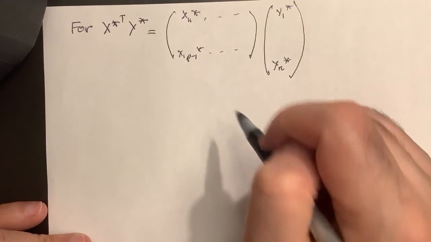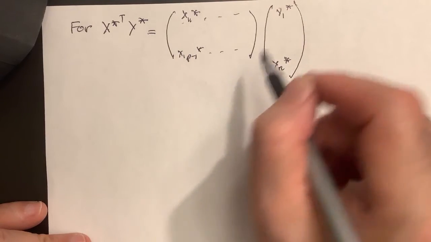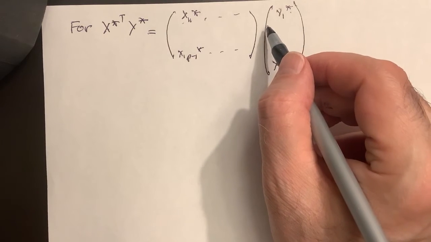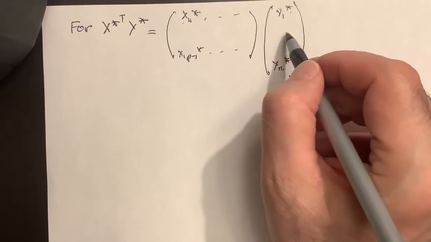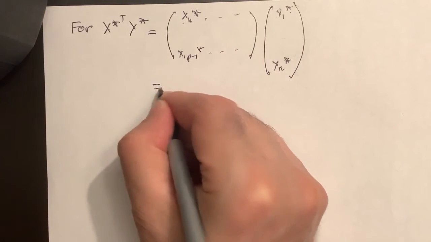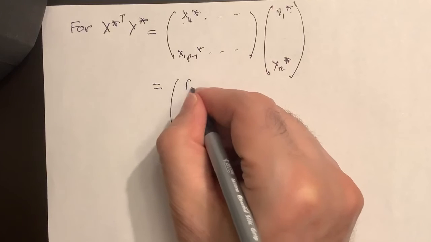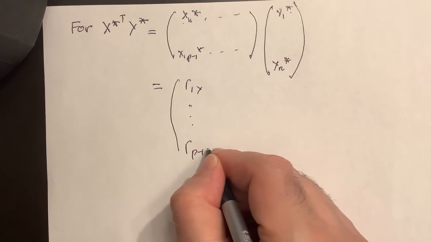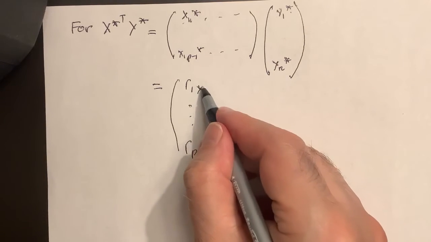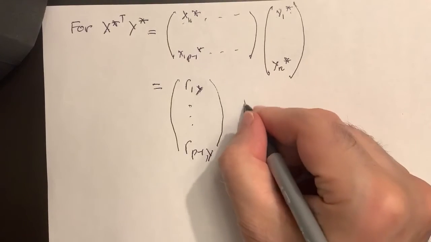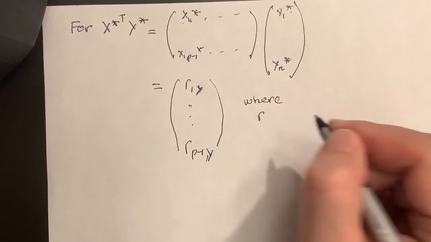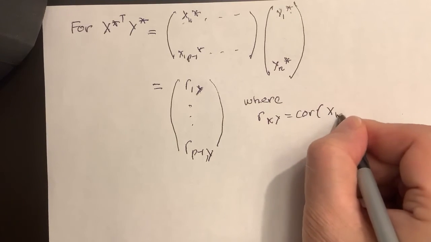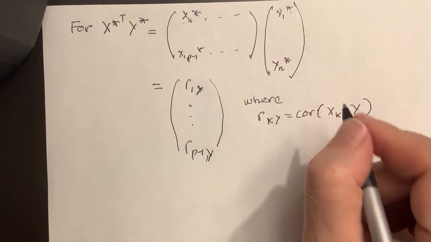And if I do the dot products here, because of these stars, as you can convince yourself, for example, the k-th element here is just going to be r1y through r_p-1,y. I use the subscript y instead of the number to mean it's the correlation, where r_ky equals the correlation of xk with y. Okay, as you can show.